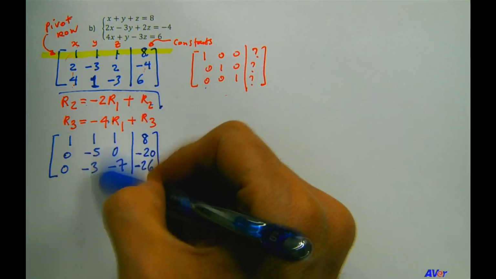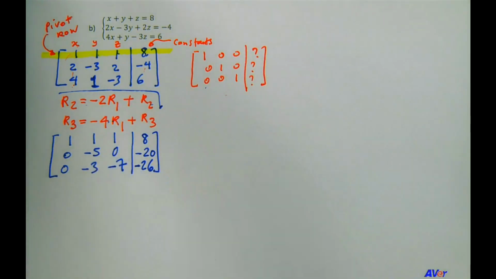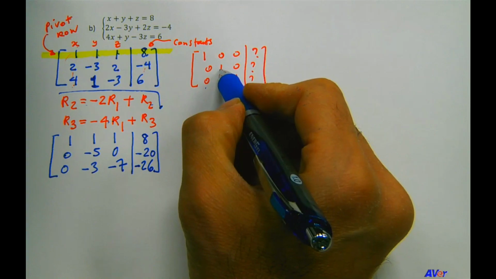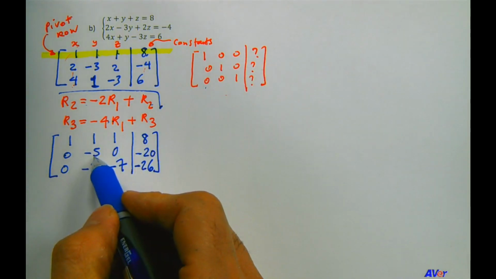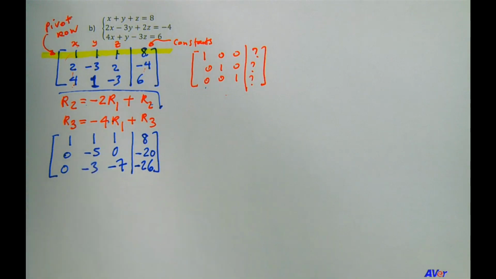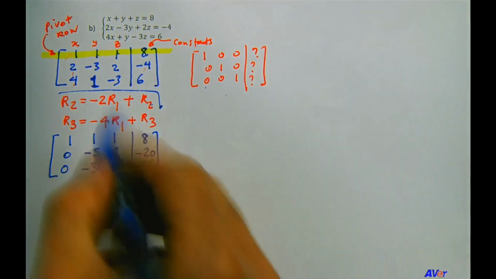In each column, which number should we obtain first? The diagonal 1, right? We don't have diagonal 1 for the second row, do we? What is there instead? Negative 5, right? Negative 5 is there instead of 1.